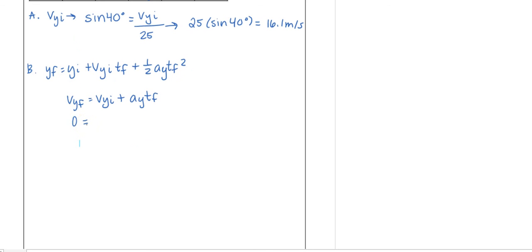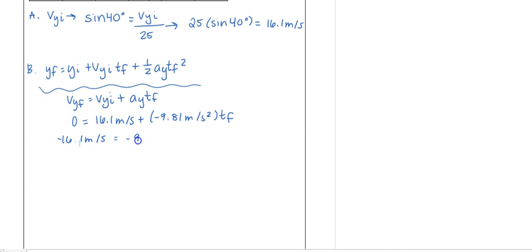We calculated for v sub i, which was 16.1 meters per second, and then we have the acceleration in the y direction times time. And then this comes out to be 1.64 seconds for time.